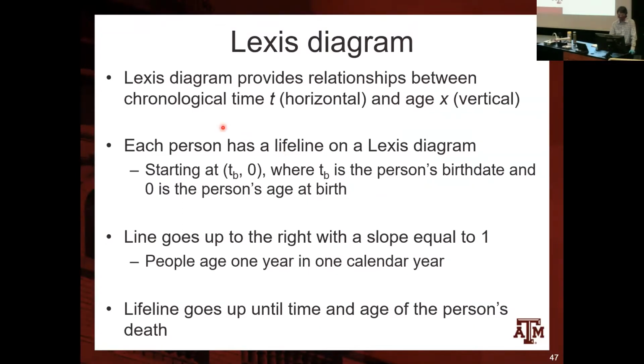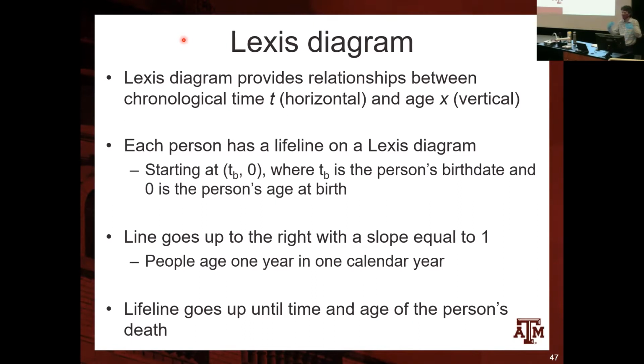And here I started a new subsection talking about the Lexis diagram, and that's where I added some slides. The Lexis diagram is pretty much a really simple graph using information about time and age of people in a specific population.